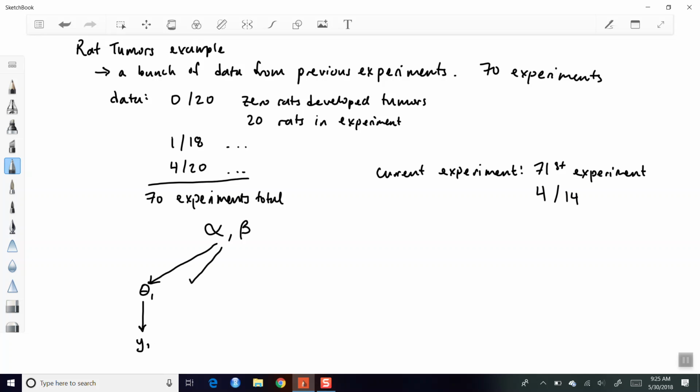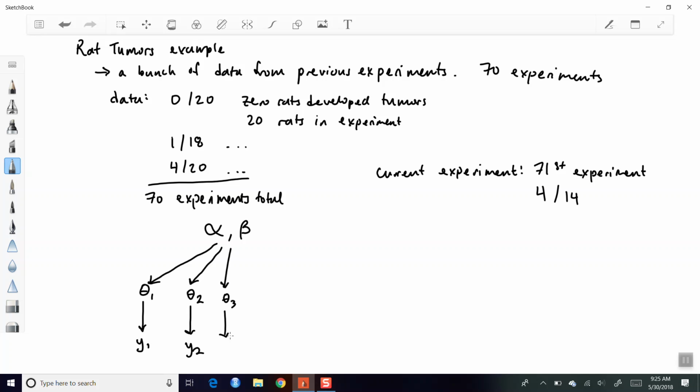And then you can imagine we can draw another value of theta from alpha and beta. And those thetas are responsible for generating the data we see in the second experiment, okay?